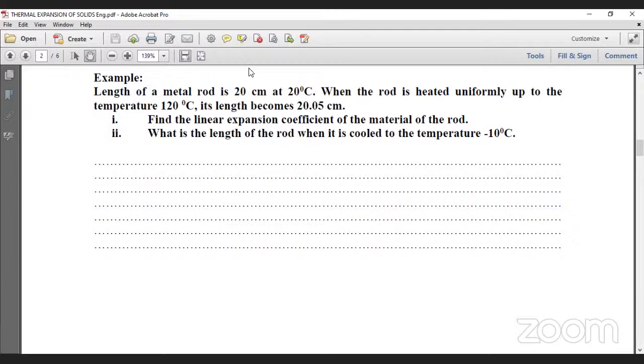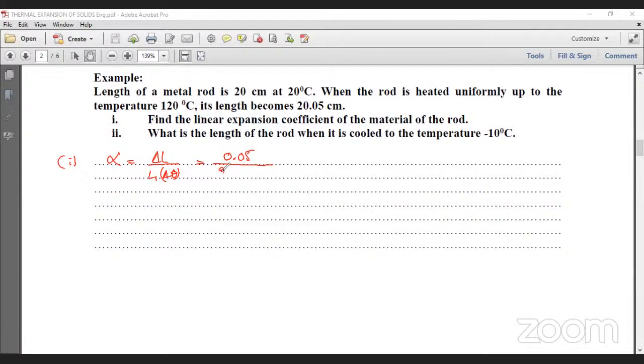Here, simply use the equation delta L divided by L1 delta theta to find alpha. The length increases from initially 20 centimeters to 20.05, so the change in length is 0.05 centimeters, which is 20.05 minus 20.